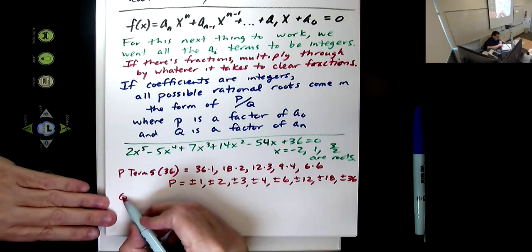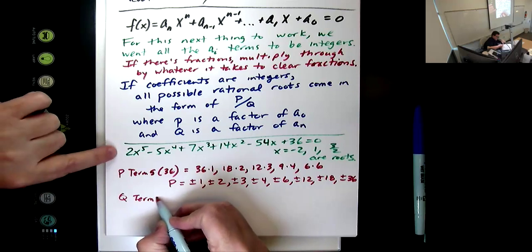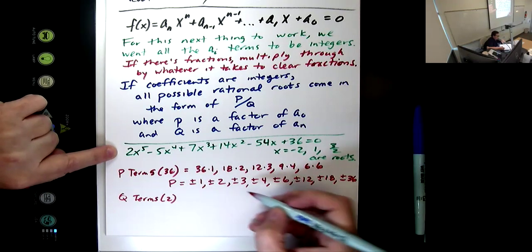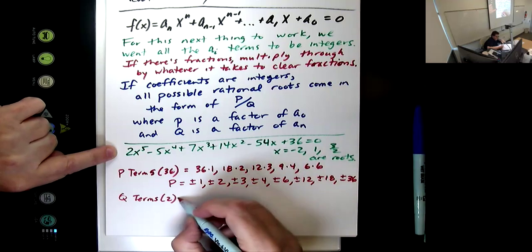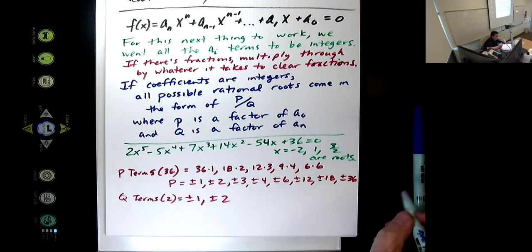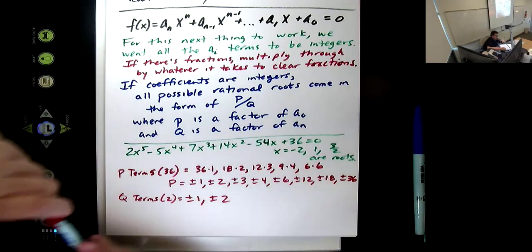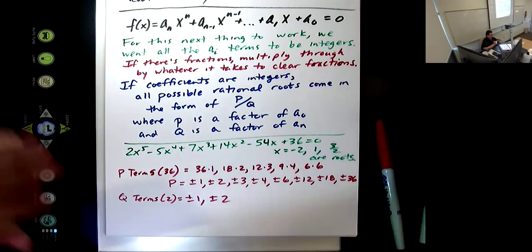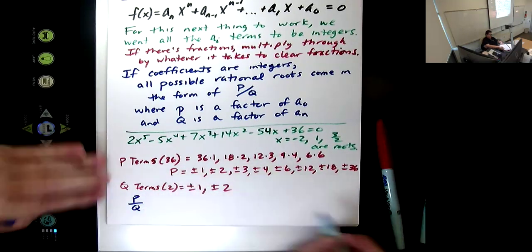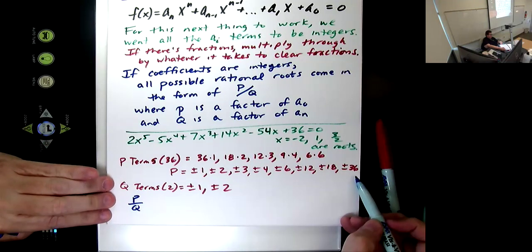The Q term comes from the 2, factors of 2. There are only 2 numbers that multiply to make 2: plus or minus 1, plus or minus 2. So if I do P over Q, this has a long list with all the negatives.